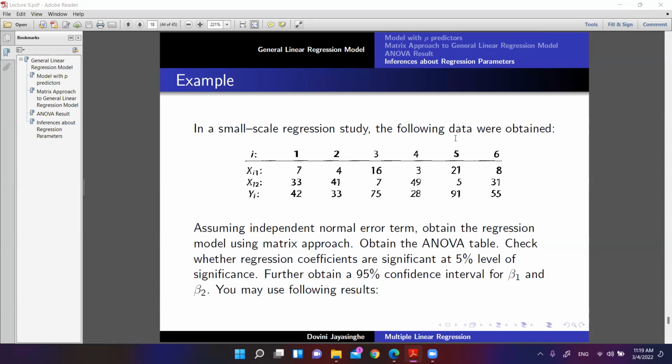Okay, I got one person's answer. Yes, correct. The one who responded to me in the chat room, the beta hat matrix is correct. Very good.